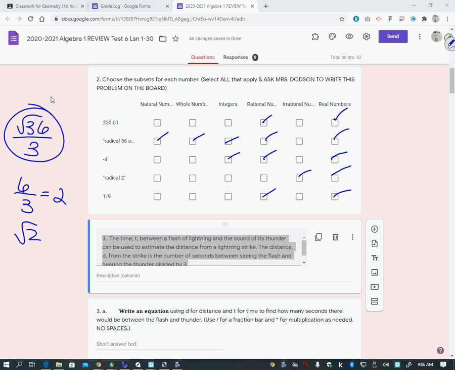But you only get a point if 25.01 is right, and I have to get those 2 boxes exactly right. Does that make sense? I can't just get 1 of them right. And I can't select something extra that it's not supposed to be. You follow me? That's how we get points on this. All right, let's keep moving.